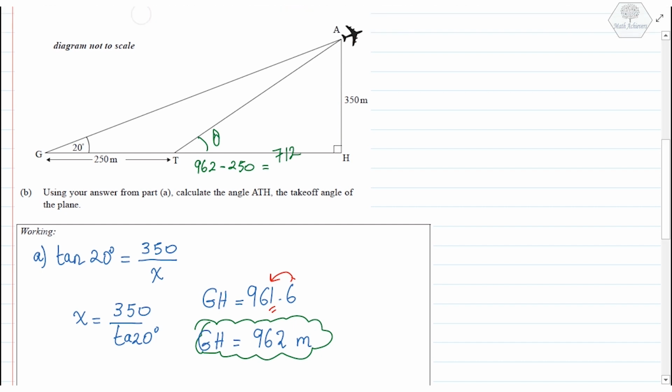Let's label our triangle. I know this is the hypotenuse. And this side is the opposite. And this side is the adjacent. Now I have the angle unknown, and I have the opposite and the adjacent, so I will use tan theta.